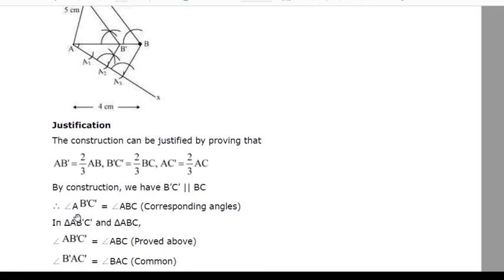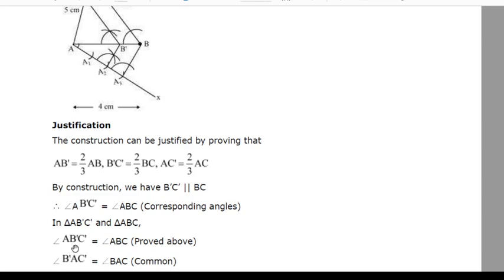How can we prove it? See, in the construction we have drawn B dash C dash parallel to BC. Angle AB dash C dash and angle ABC are equal. Why? Because these sides are parallel, so the corresponding angles are equal.